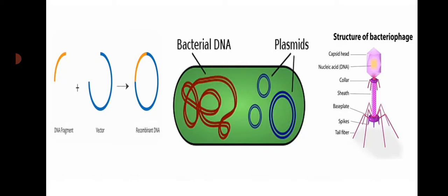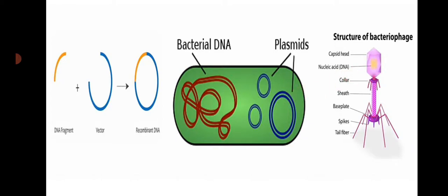Such vectors have helped in analyzing the molecular structure of DNA. Vectors can be a plasmid from a bacterium, or a cell from a higher organism, or DNA from a virus.